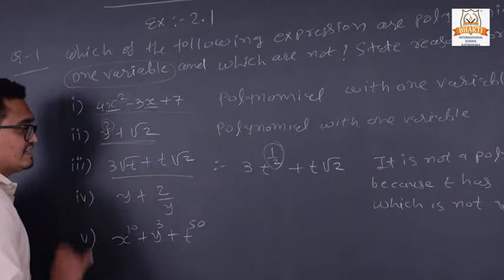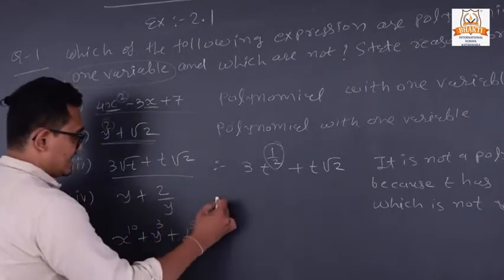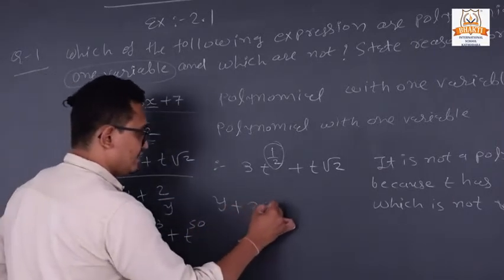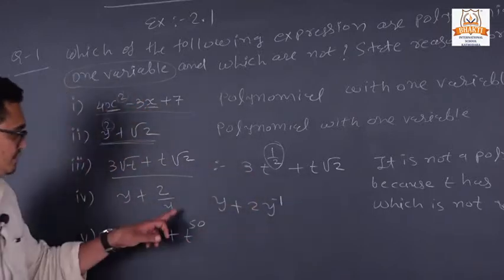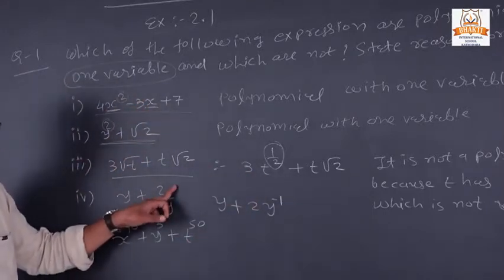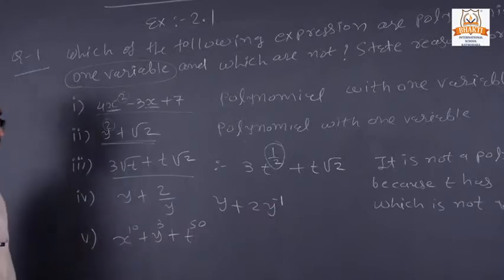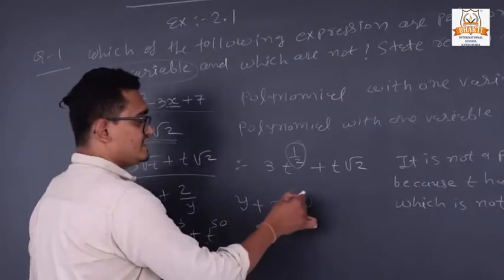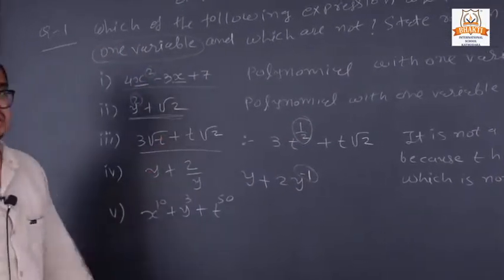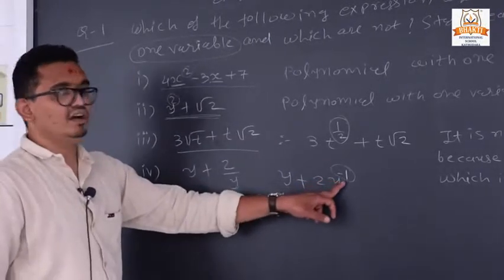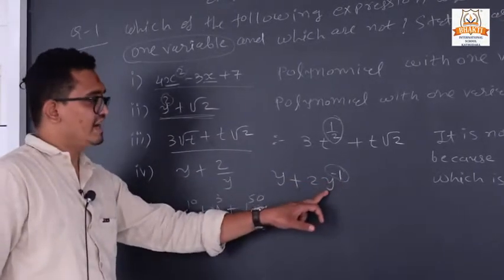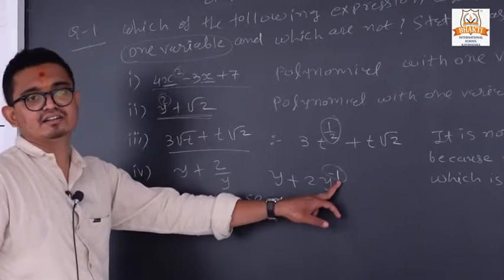Now see the next example. Once again we can rewrite that example. We can write it like that, because if y goes to the numerator, the power becomes minus. So once again see that the same reason applies as in question number 3. It is also not a polynomial because here y has a power of minus 1.